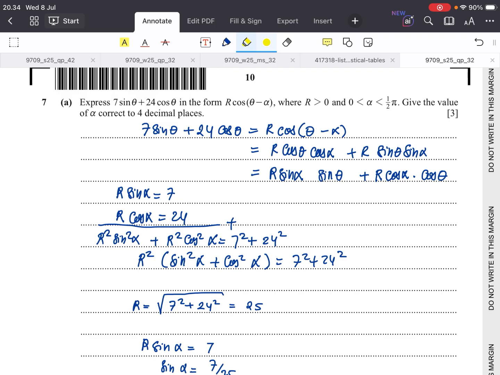Or we rearrange it so that it will be in the same order as in the question. So I put this in the front and this one at the back.